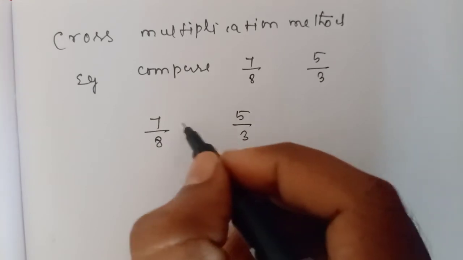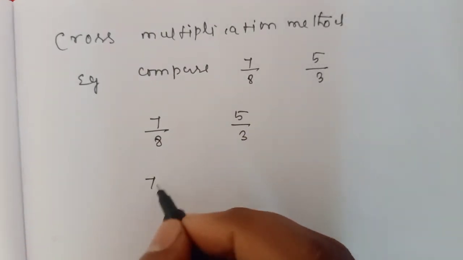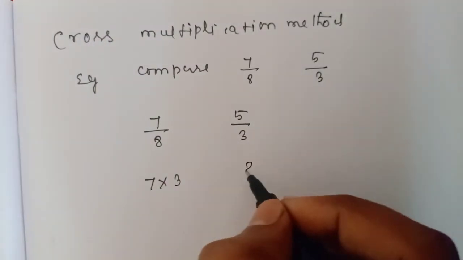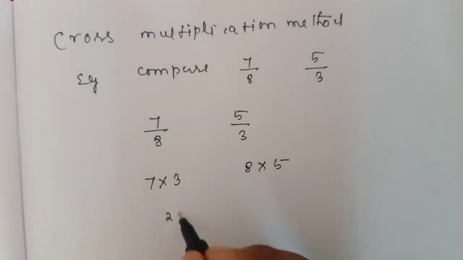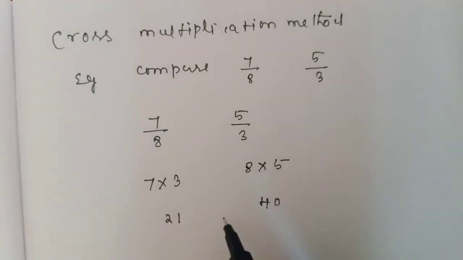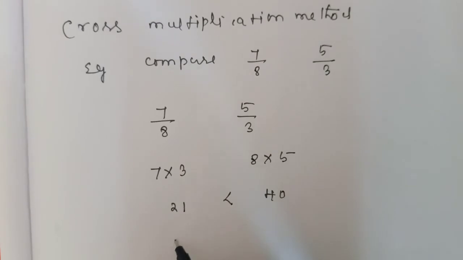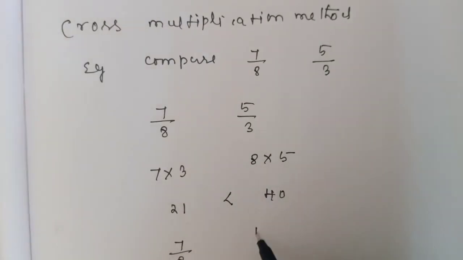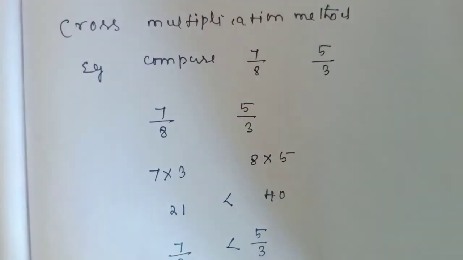First we cross multiply: 7 into 3 and 8 into 5. So 21 and 40. Which side is greater? 40 is greater. Therefore 5 by 3 is greater. So 7 by 8 is less than 5 by 3.